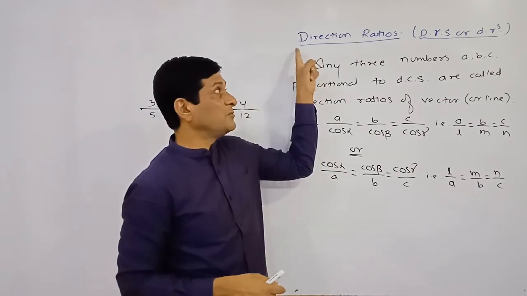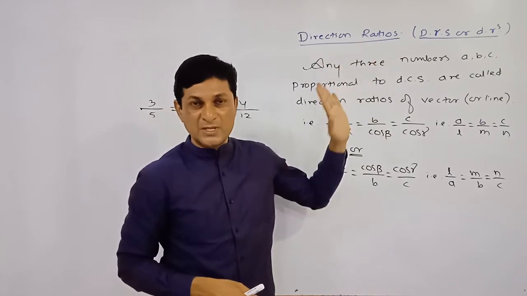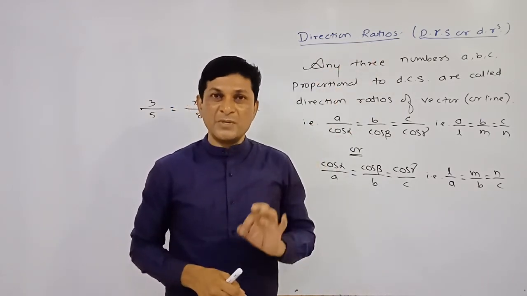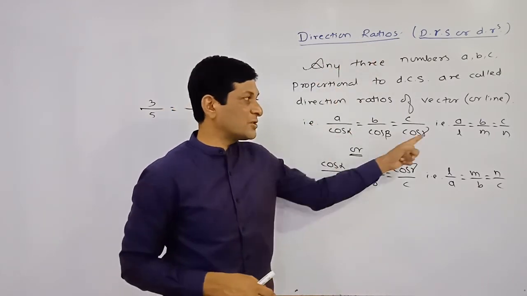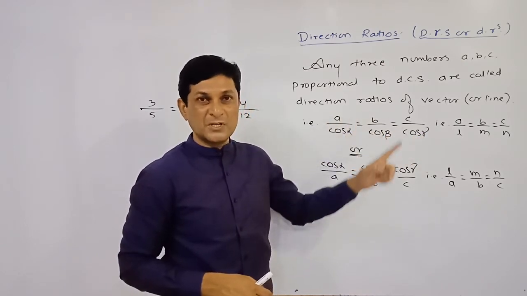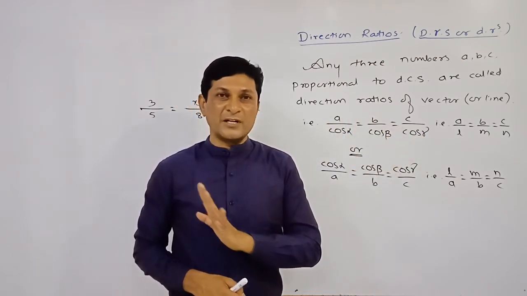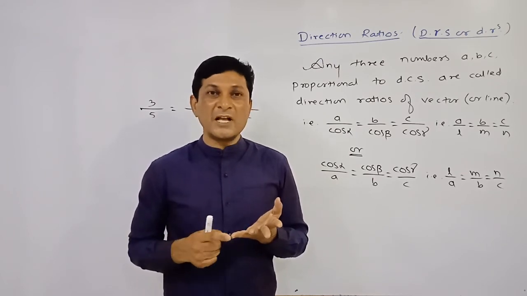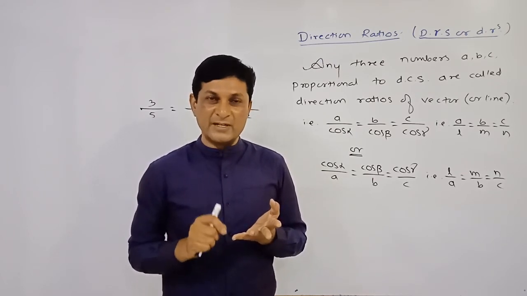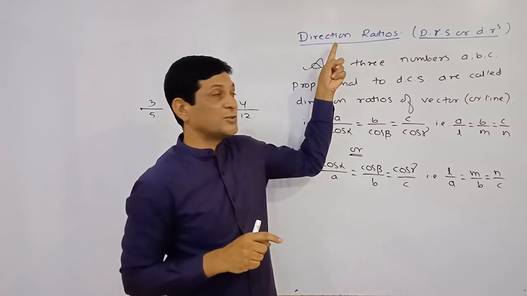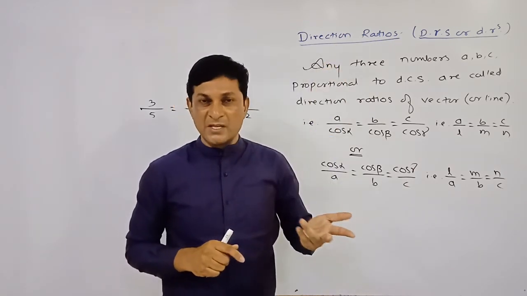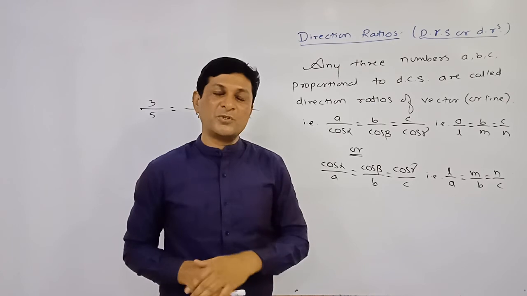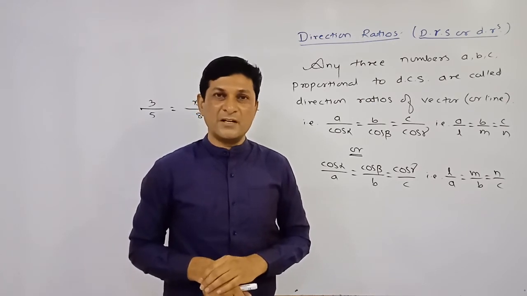And lastly, we discussed direction ratios: any three numbers a, b, c proportional to these direction cosines are called direction ratios of the line. In the next video we study the relation between these direction ratios and direction cosines, and some important results.